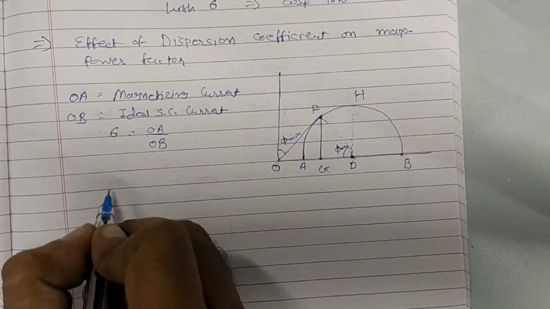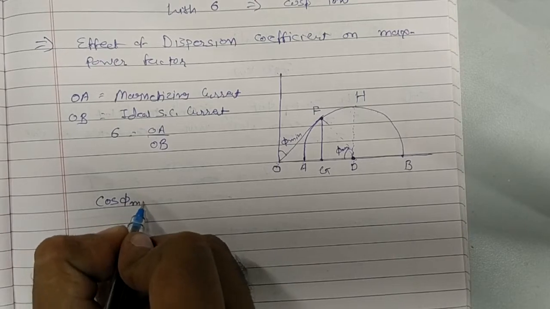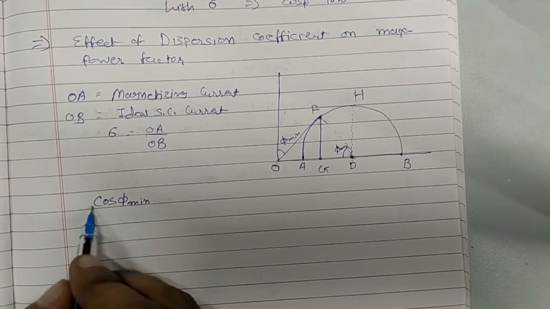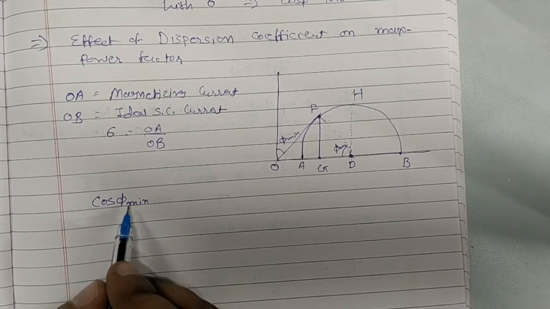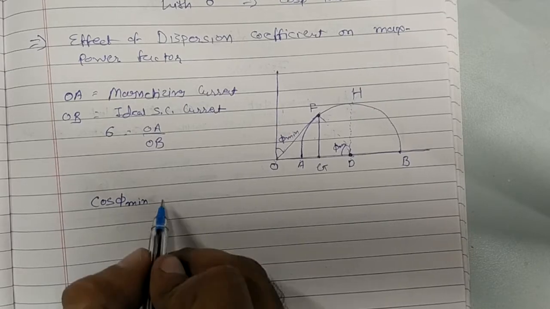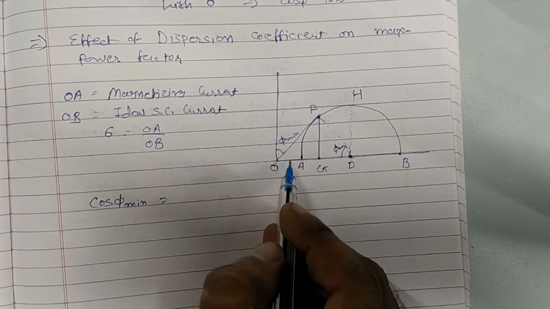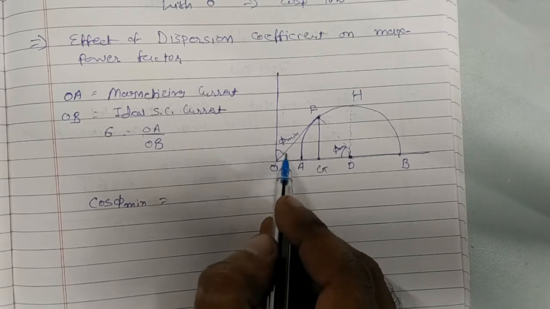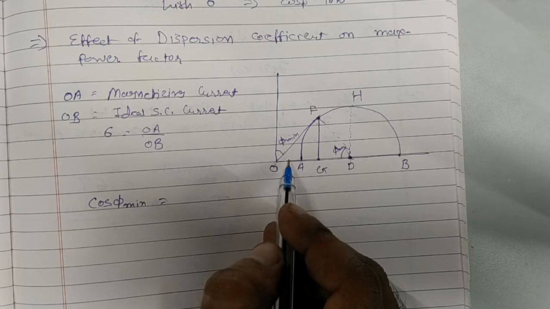The cos phi minimum. See over here, the angle phi is minimum, cos phi is not minimum. The angle phi is minimum, so the cosine of that minimum phi gives you the maximum value. So this is phi, and automatically this angle is 90 minus phi.